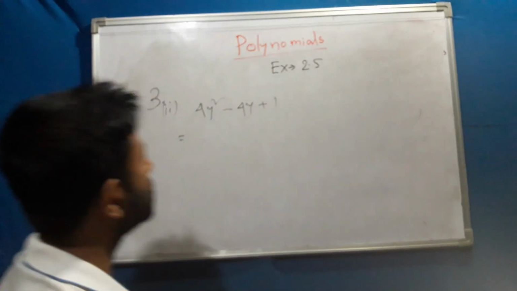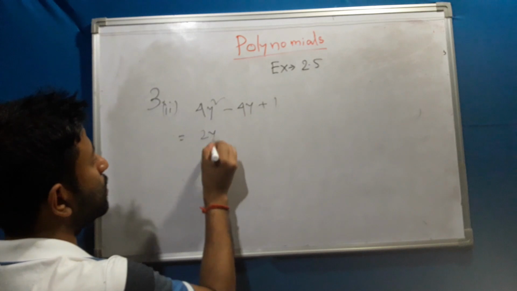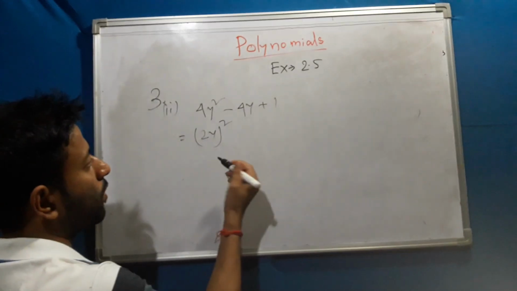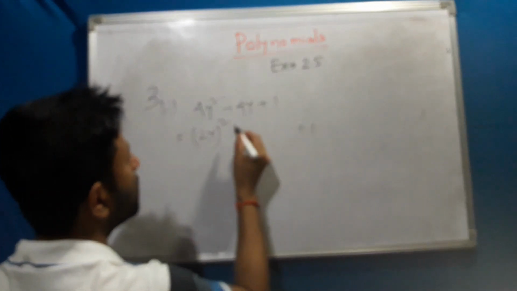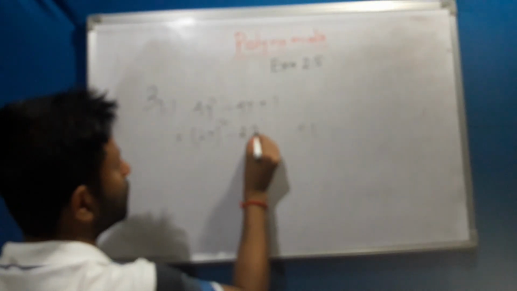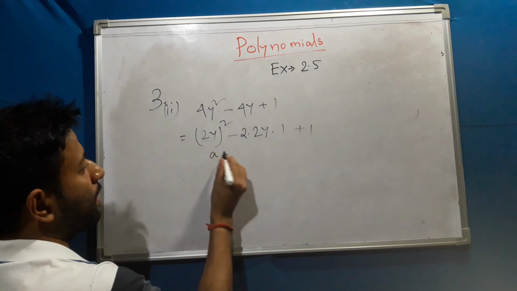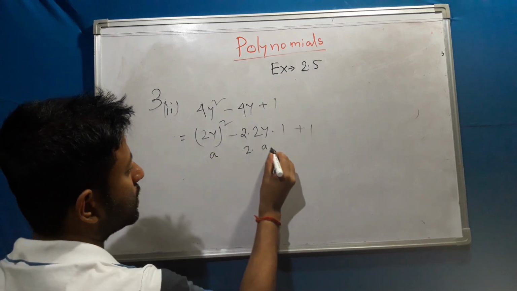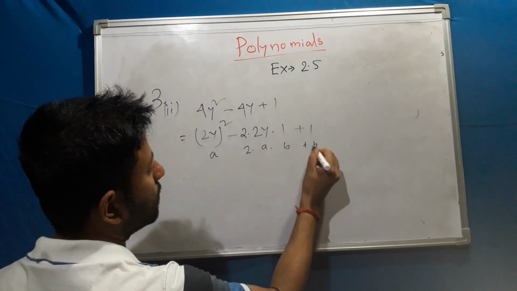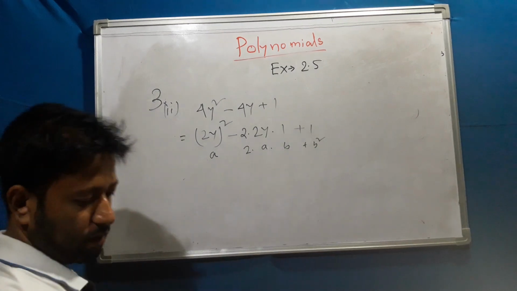So now I can write 2y whole square, okay, and plus 1. Here 2 into 2y into 1. So now this is a, this is b, because you have to write b square. So this is the identity. So what is the identity?